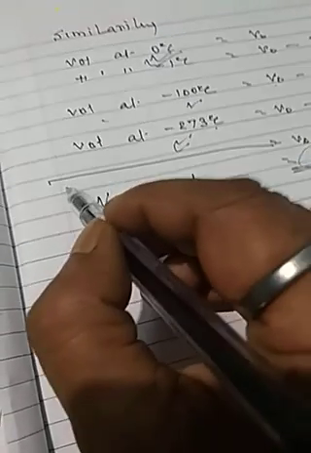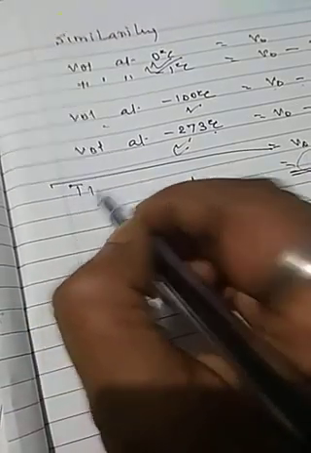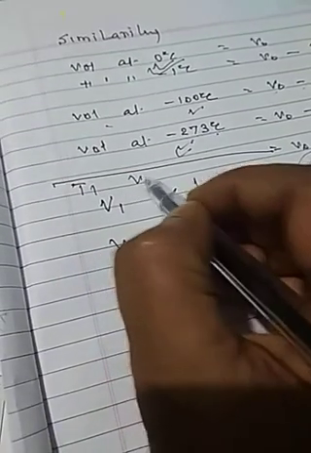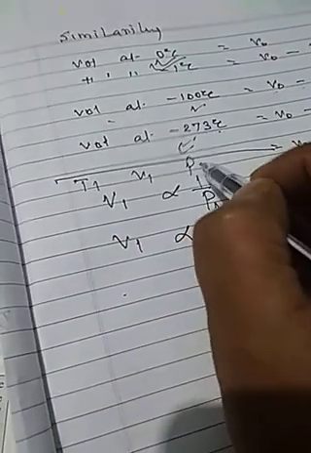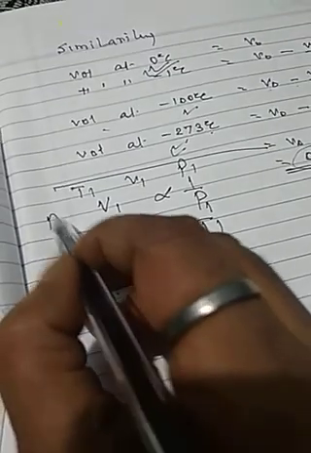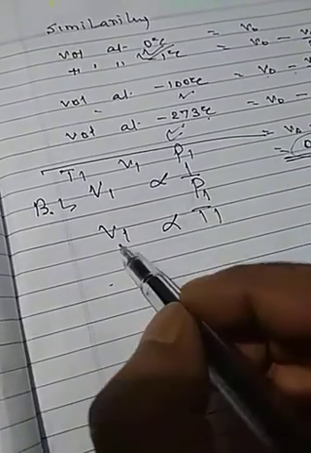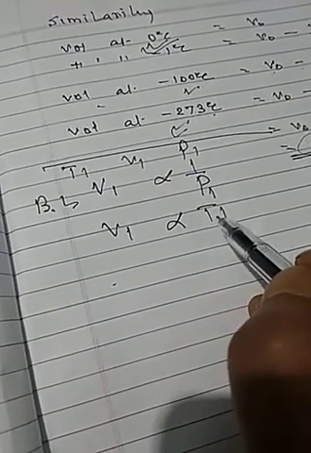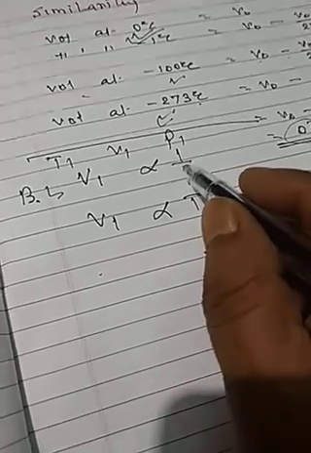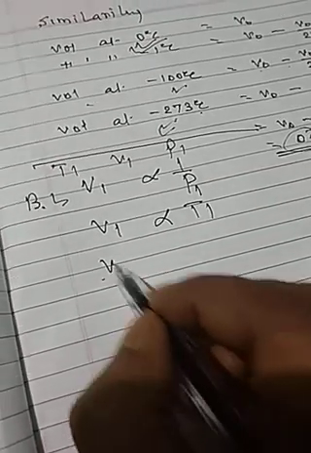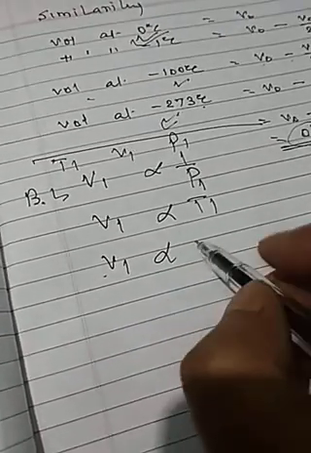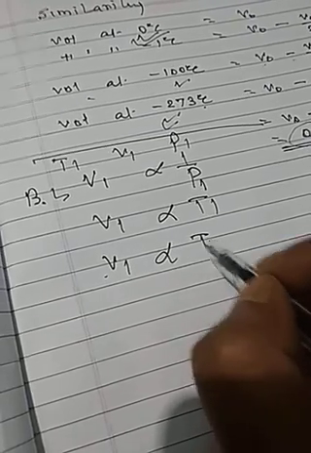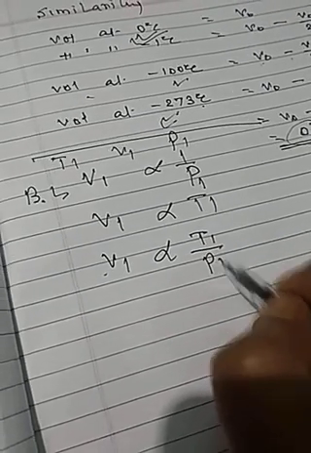Suppose at temperature T1 the volume is V1 and pressure is P1. Then by Boyle's law V1 is inversely proportional to P1, and V1 is directly proportional to T1. If we join these two, V1 is proportional to T1 by P1.